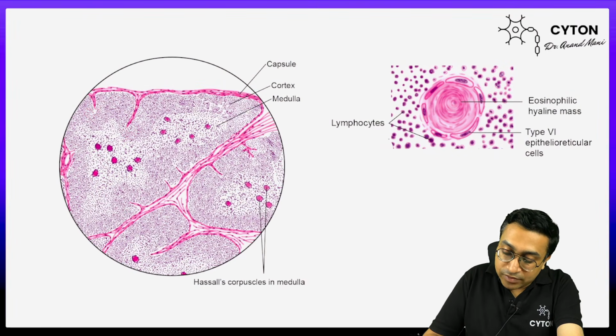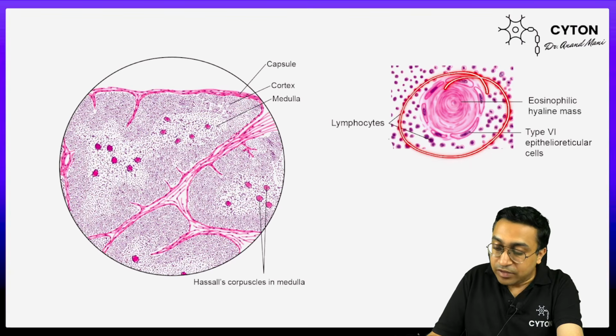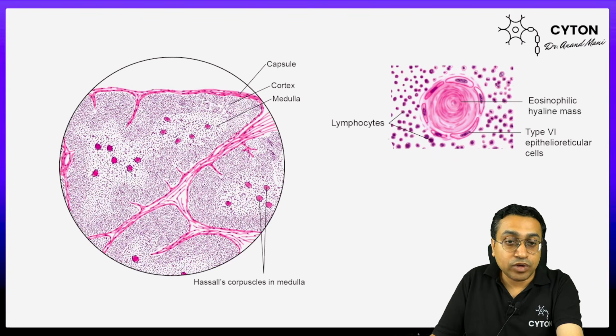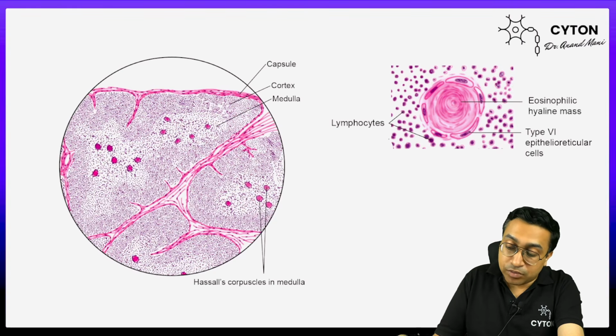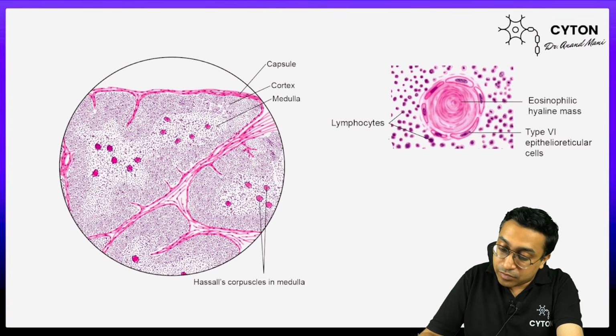You can see the cortex, a dark granular area, and the light staining medulla, where you can appreciate some Hassall's corpuscles. We will discuss these Hassall's corpuscles in detail in histology again, so don't worry. These Hassall's corpuscles are also known as the thymic corpuscles.